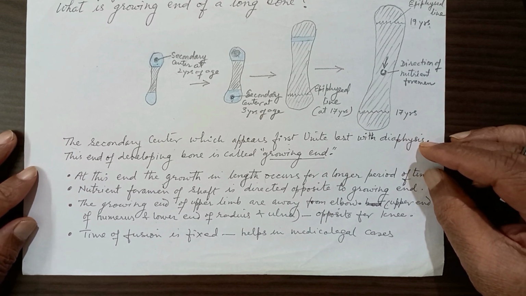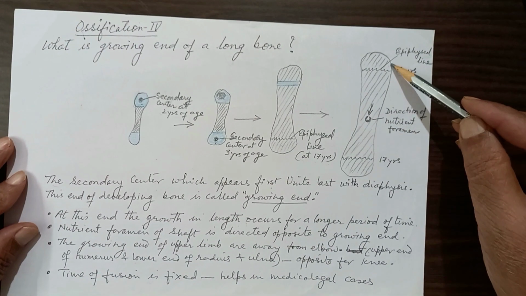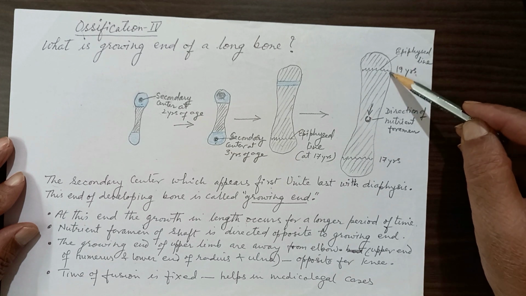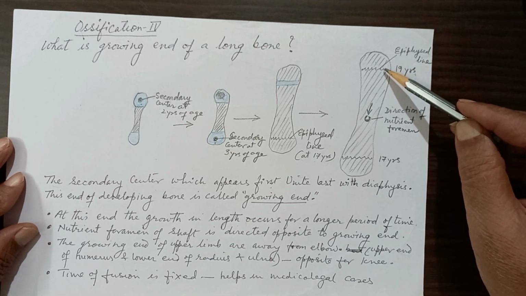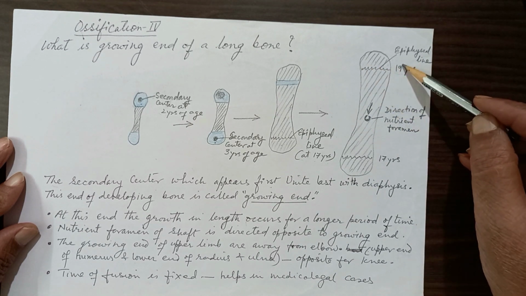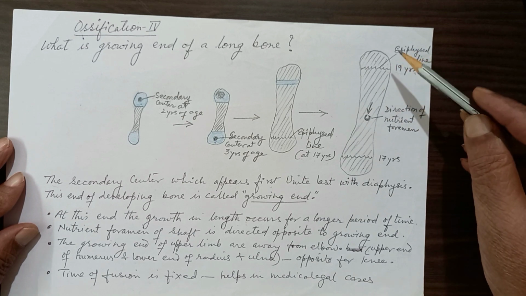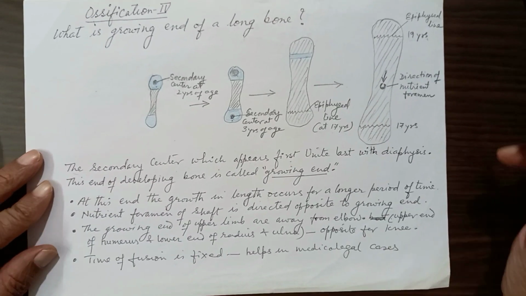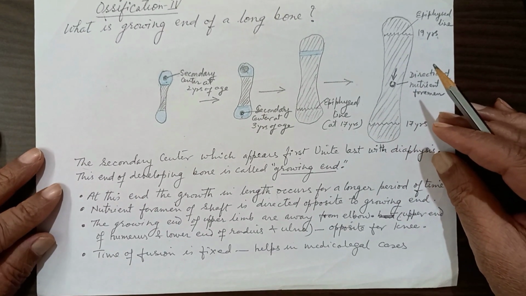For example, if it is the humerus, the fusion time is 19 years, and if the epiphysis and diaphysis have fused and there is no cartilage between the two, then the age of the individual is more than 19 years. This has a very important significance in medico-legal cases.